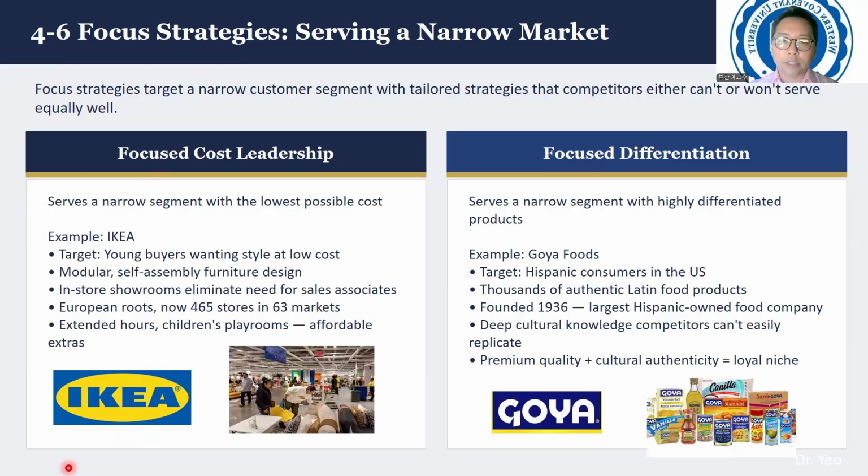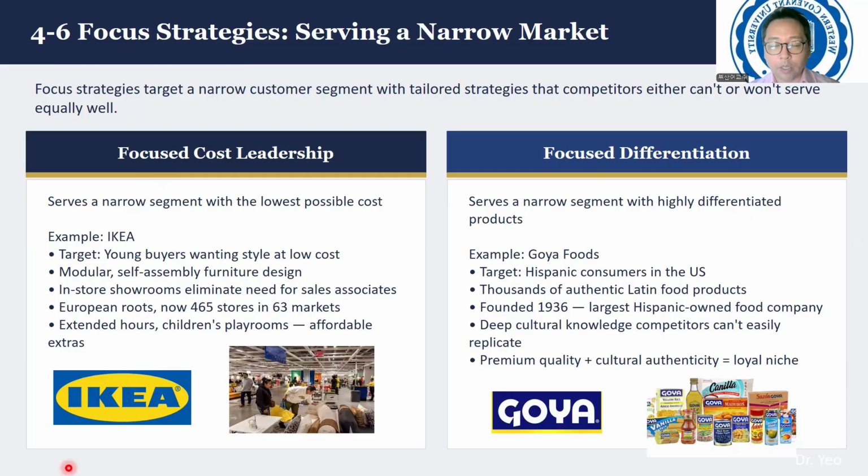To serve this segment profitably, IKEA redesigned every aspect of its business. Flat-packed furniture that customers assemble themselves saves manufacturing and shipping costs. Giant showrooms where you can see complete room setups. It eliminates the need for sales consultants, right?